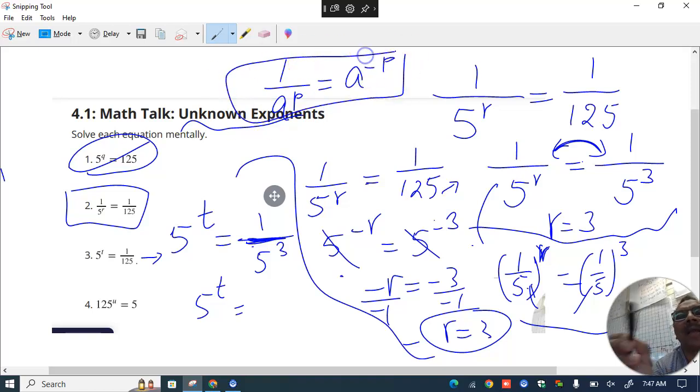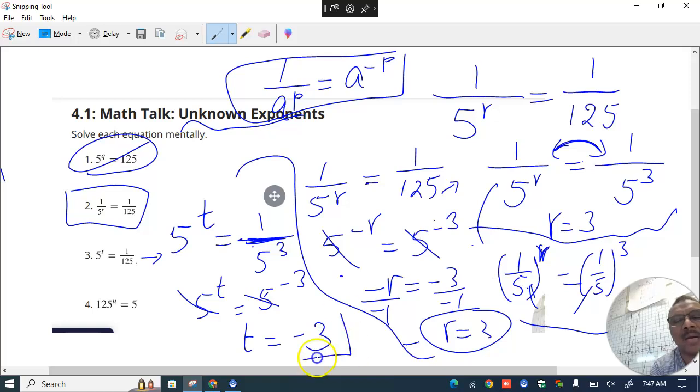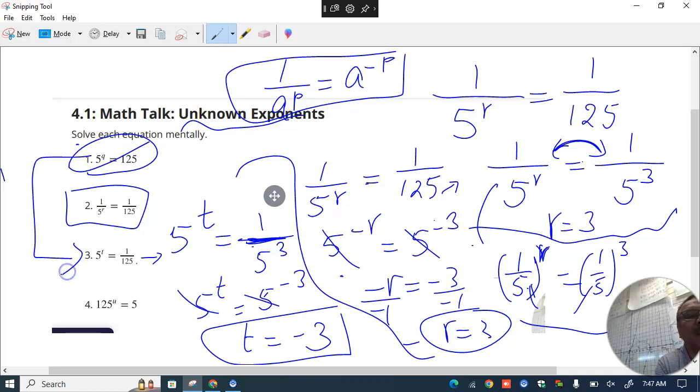So we can say, okay, this is 5 raised to minus 3. Now both the bases are the same, so t becomes minus 3 and you're done. And you can compare the first and this one. In the first case, it was 5 raised to q equals 125, which was 125 divided by 1, but this one was a reciprocal. So you can see that t has to be the negative.